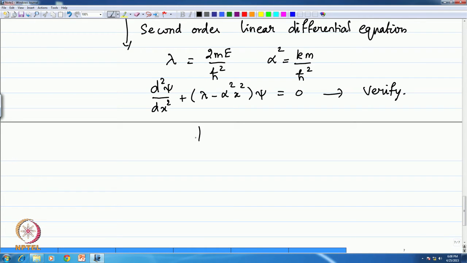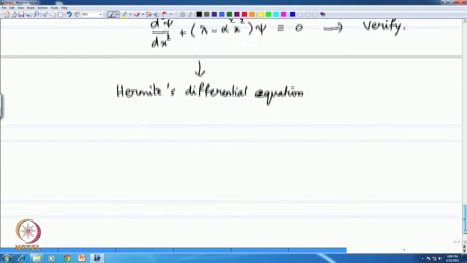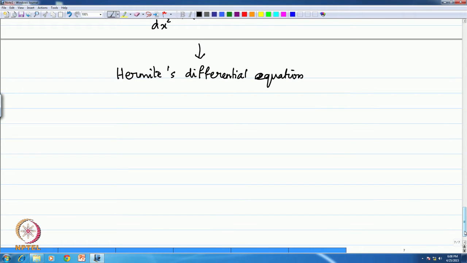It is possible to transform this into what is known as the Hermite differential equation, for which solutions have been known for more than 100 years. In fact, the Hermite differential equation, let me write that down.